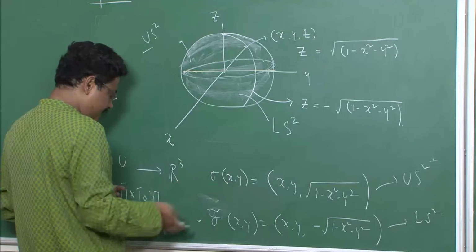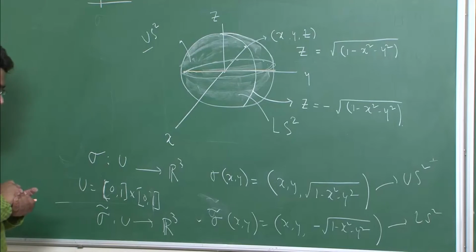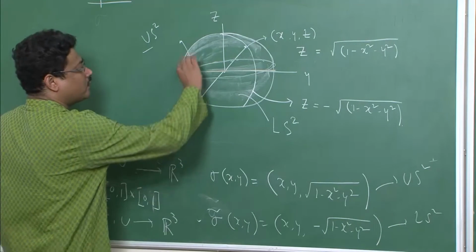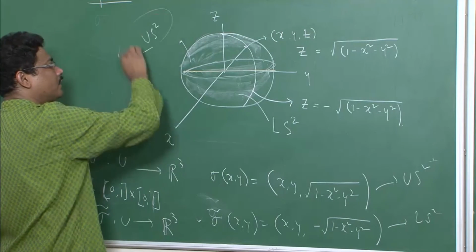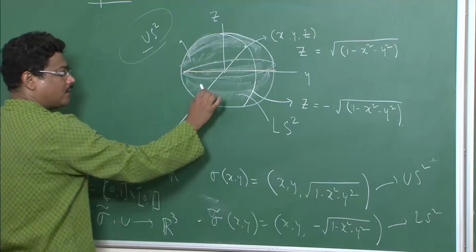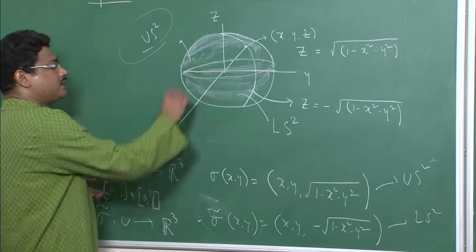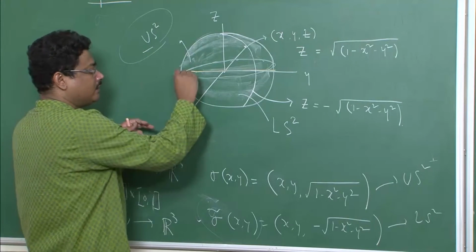But you can see that both of them are homeomorphisms restricted to, if I take an open set restricted to the upper hemisphere only, sigma is a homeomorphism, on the lower hemisphere sigma tilde is a homeomorphism, but these homeomorphisms have intersections; sigma and sigma tilde are not disjoint.